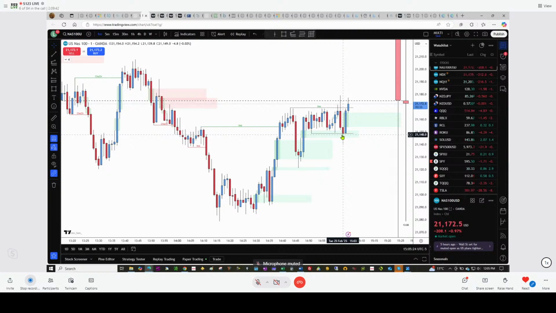It's never solidly closed above it, and every time it touches it, it has a quick turnaround. So I'm going to wait a couple more candles before I post another drawing, because it has every bit of the logic that it can get a close above the 200 on my 1-minute candle chart.